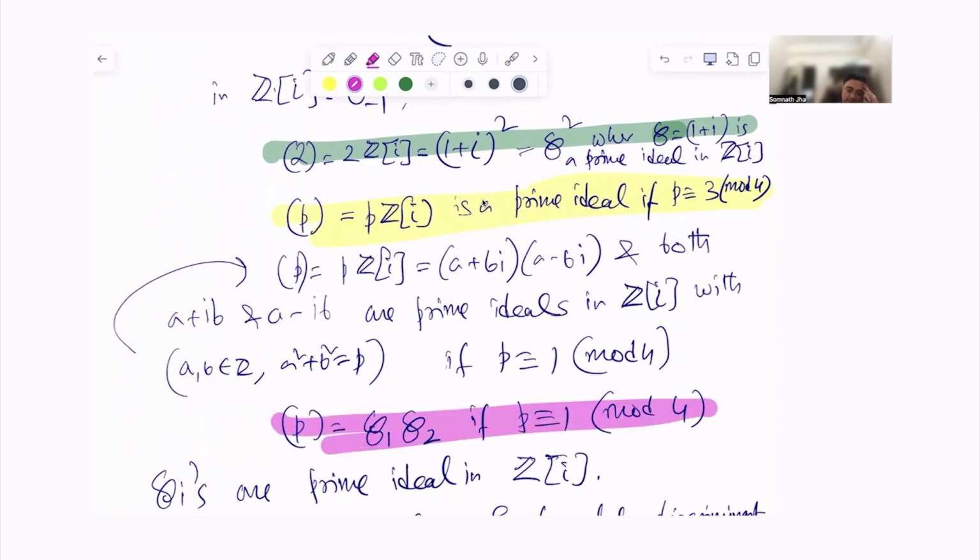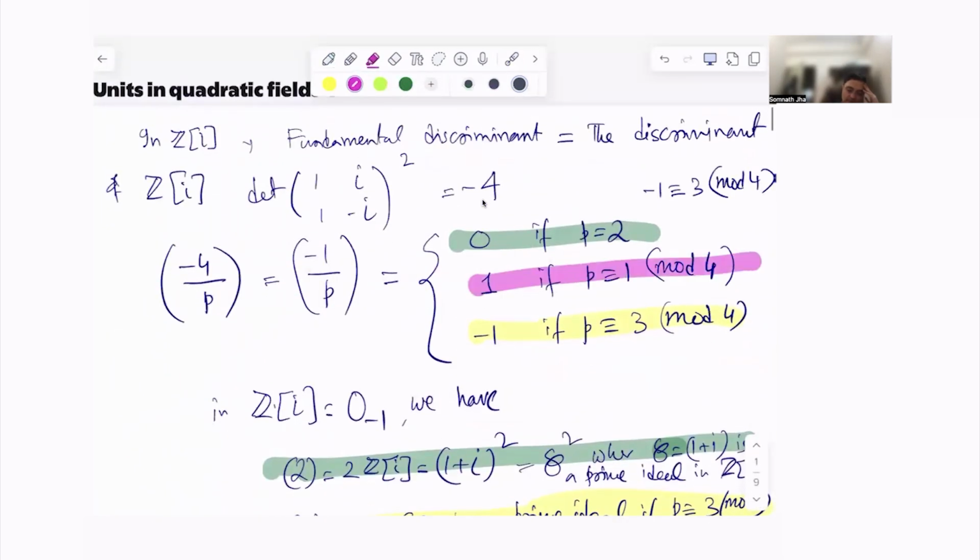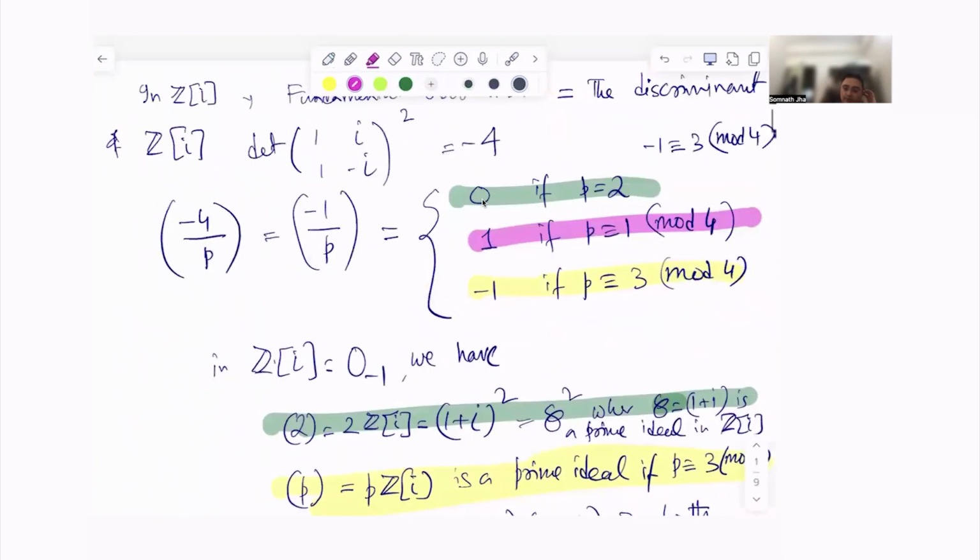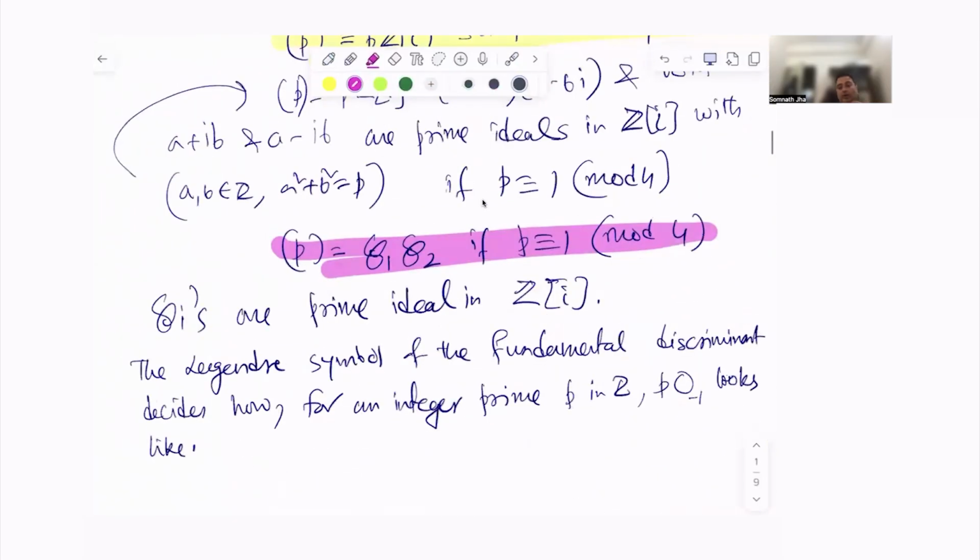So this corresponds to this case. Okay, so the Legendre symbol determines how the prime behaves.